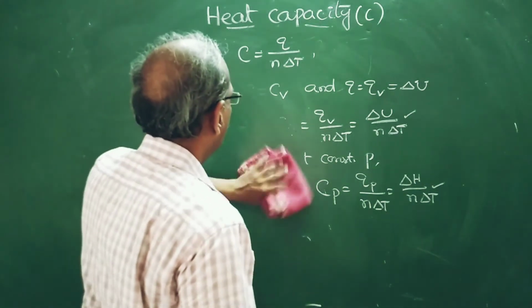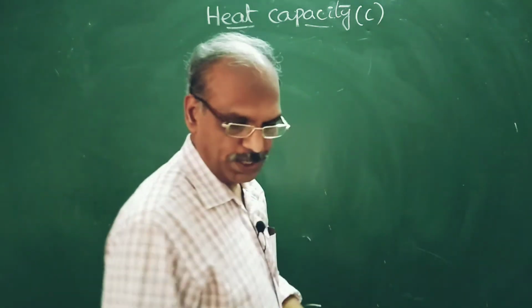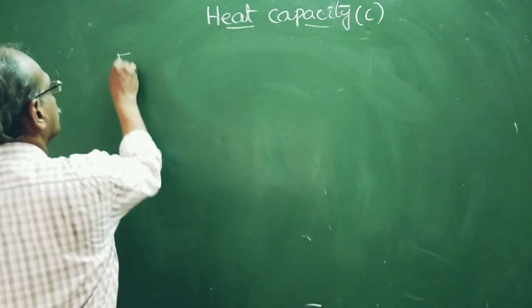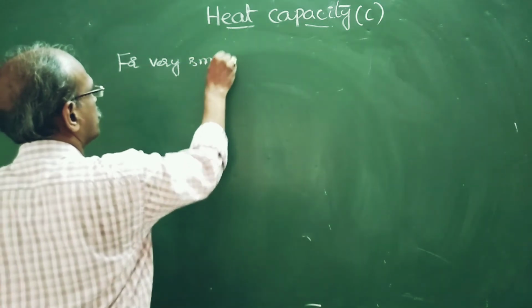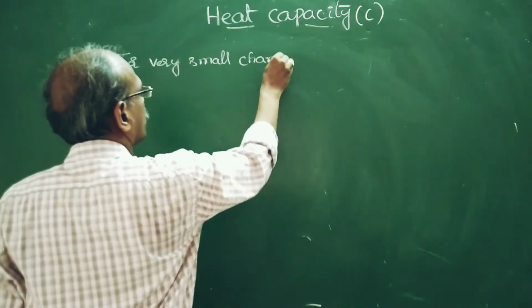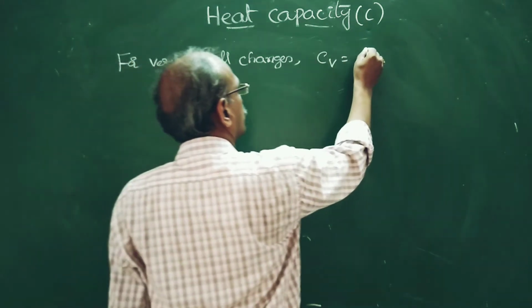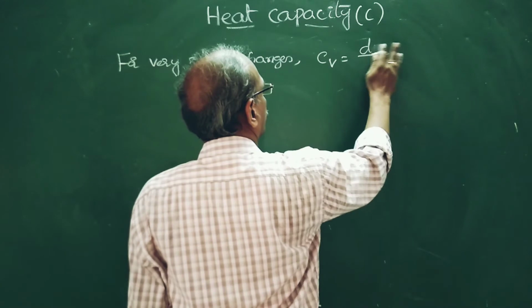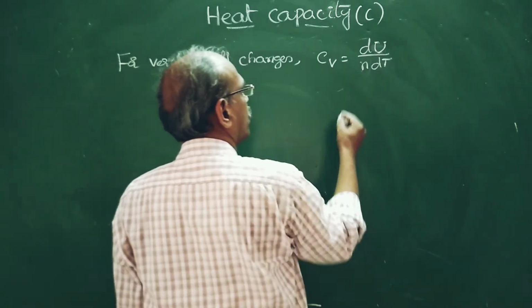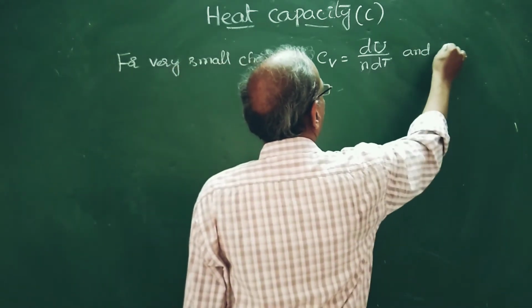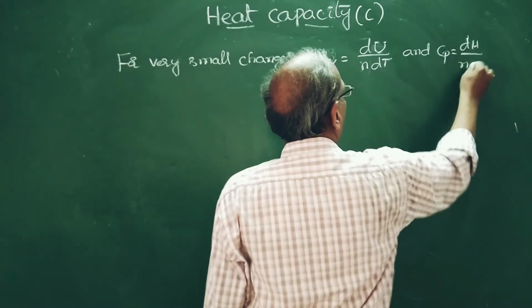For very small changes, you can write Cv is equal to dU by n dT and Cp is equal to dH by n dT.